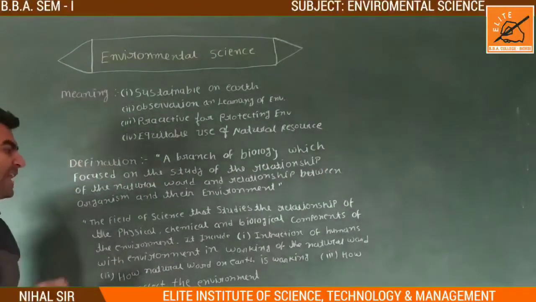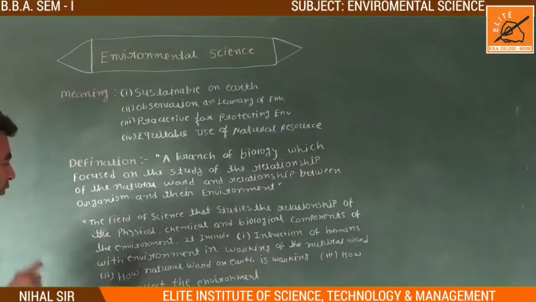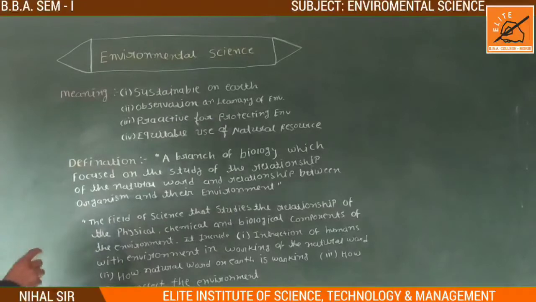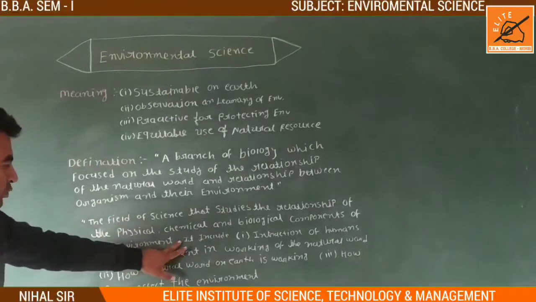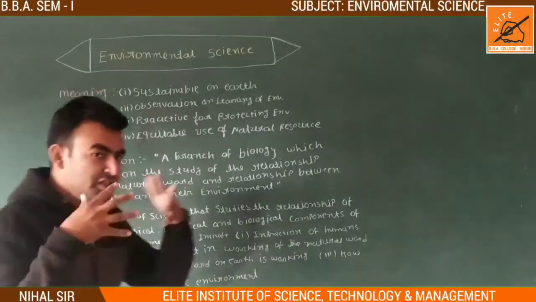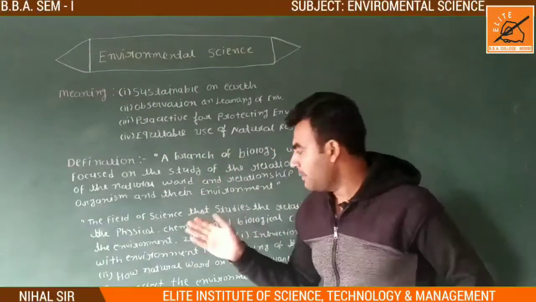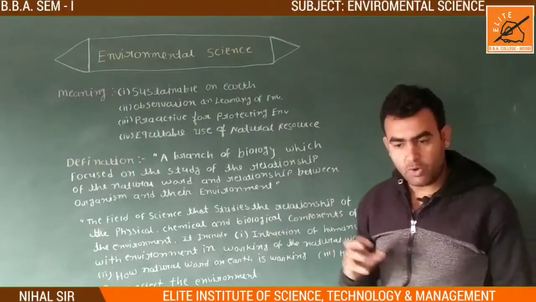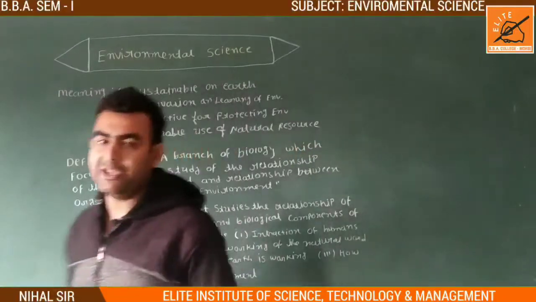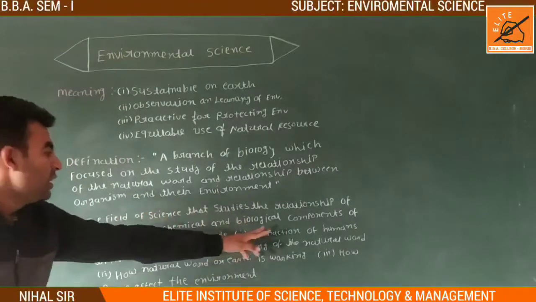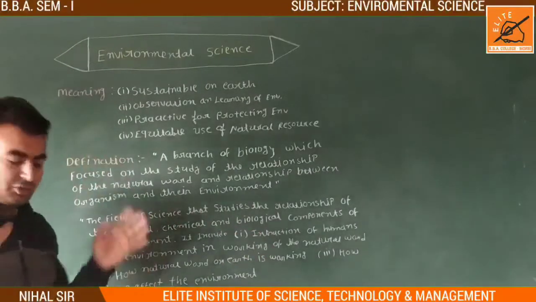The field of science that studies the relationship of the physical, chemical and biological components of the environment. Up to here, see that the field of science studies the relationship between what? Between the physical, chemical and biological components.